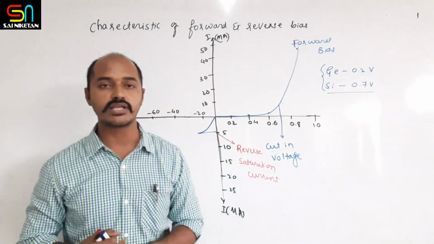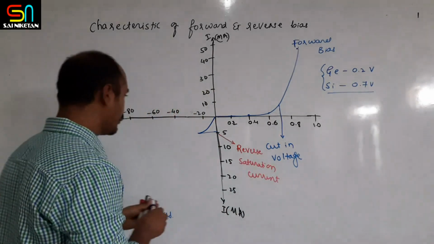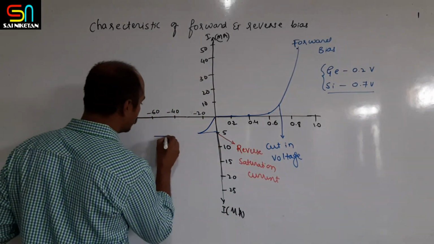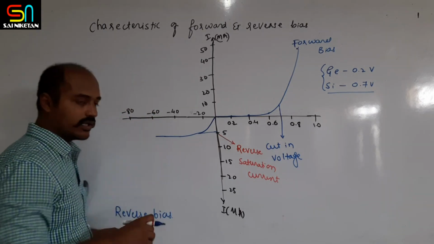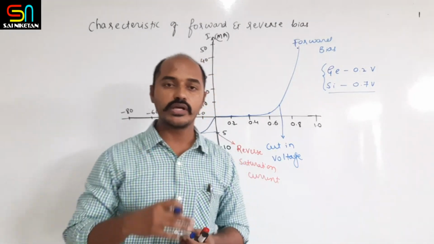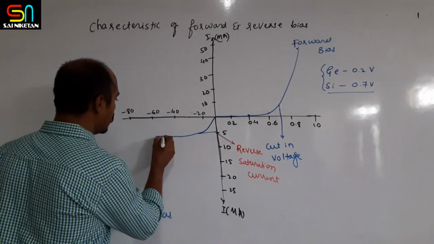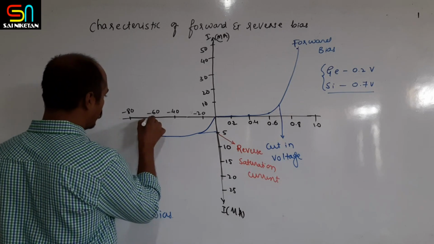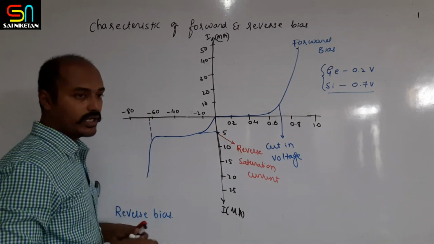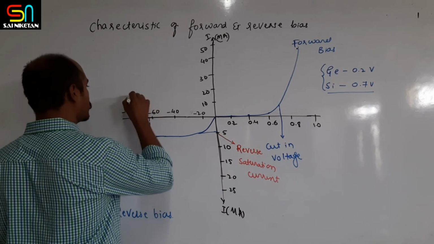This reverse saturation current is mainly because of the minority charge carriers, and this current remains constant up to a certain voltage. Once the applied voltage reaches the breakdown voltage, current suddenly increases, and the applied voltage where current suddenly increases is called the breakdown voltage.